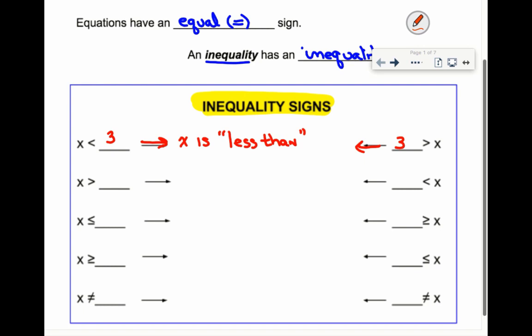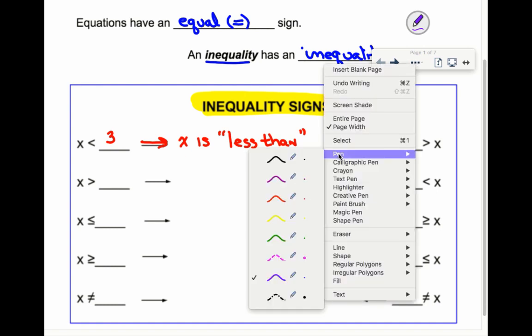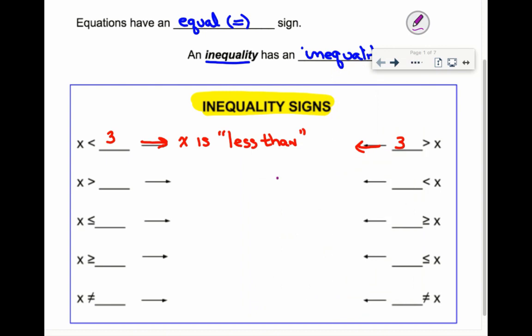Let me review something that you've probably learned in elementary school, just to touch base with that as well. Remember, here's your inequality sign. It doesn't matter which one you do. Whatever is in the open part of it is the biggest or the greatest.